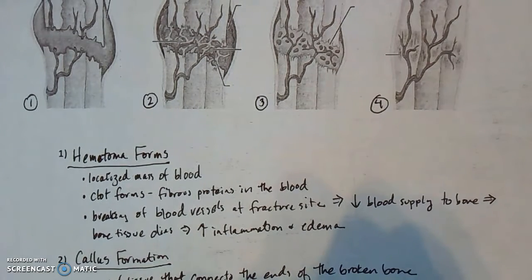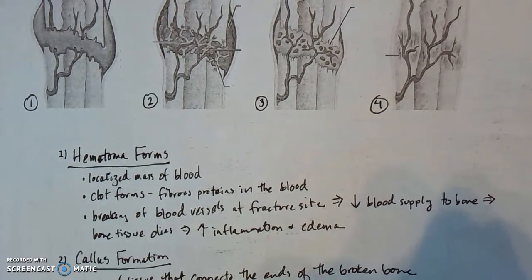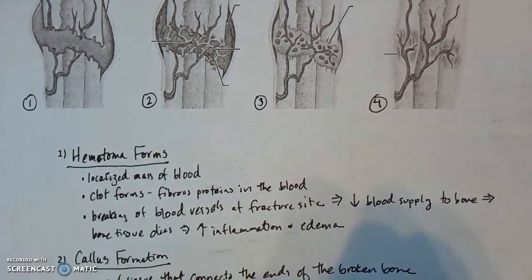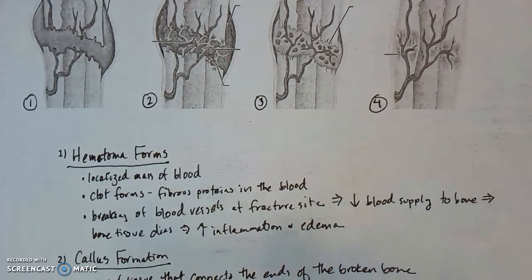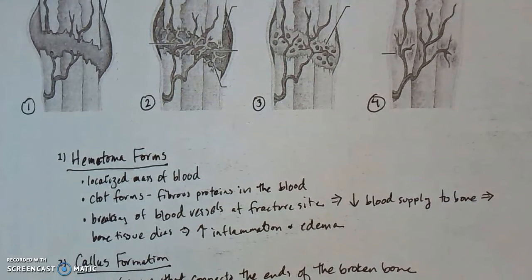The external callus is around the internal callus, and periosteum. So this actually forms a barrier around this and kind of seals it all in. And this is for protection and stability. Now, if you do not get medical treatment for a broken bone, this is going to occur.